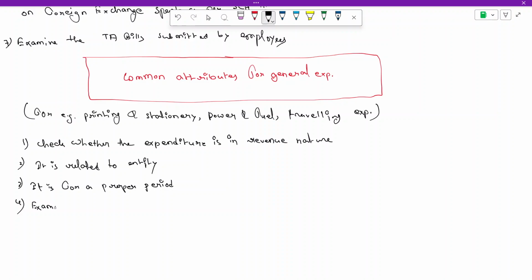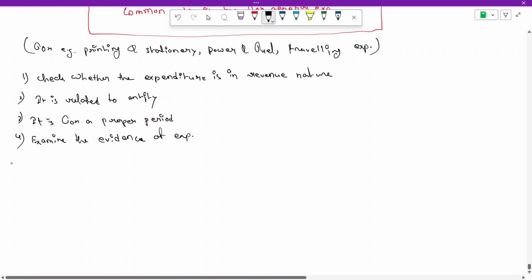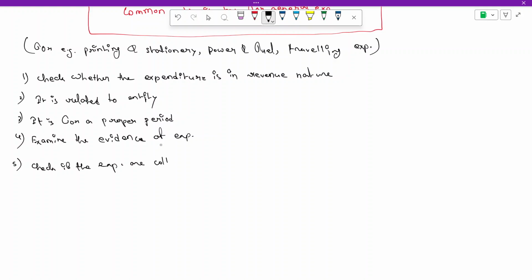Examine the evidence of expense. Check if the expenses are correctly placed. And expenses must be authorized.